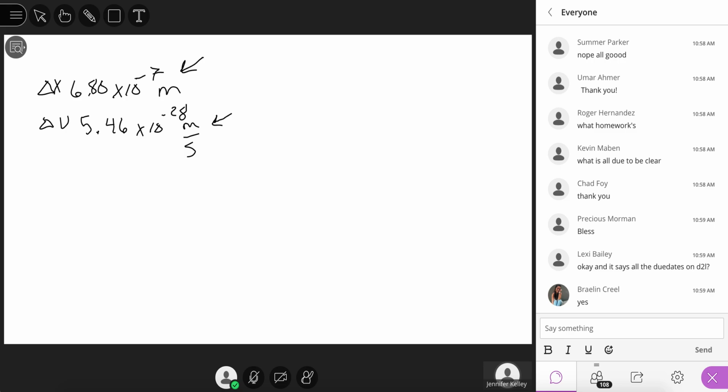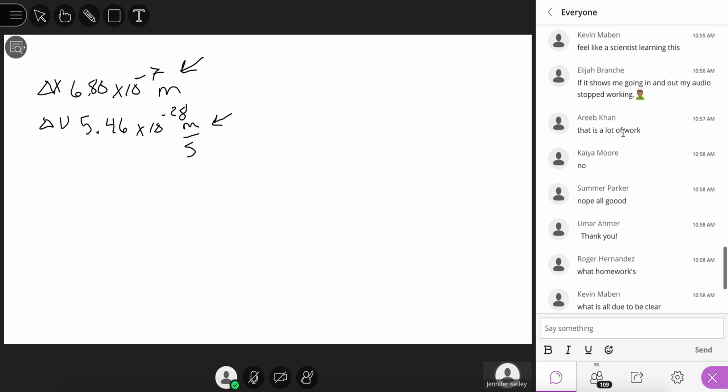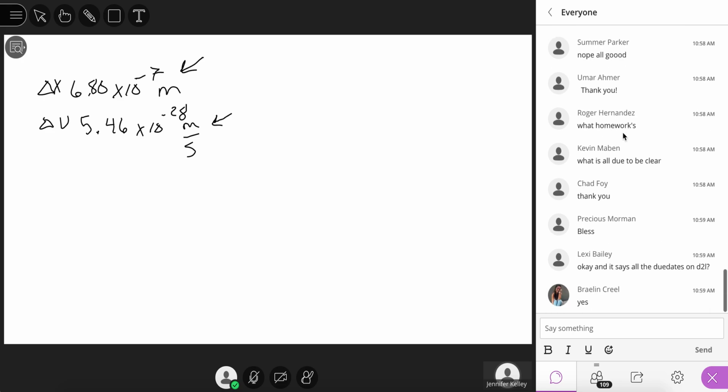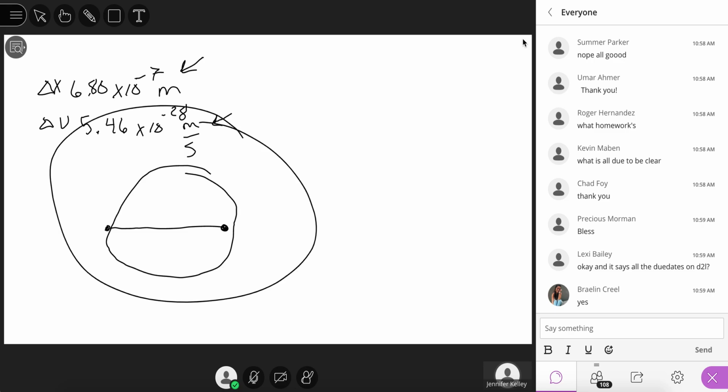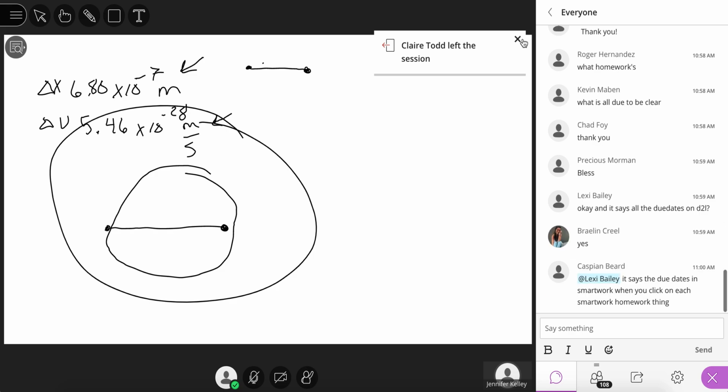But when you look at the electron and you do the same thing, the electron's size is similar to delta x and delta u, and that's why you're going to have more trouble. If you have something that has an uncertainty of here to here, and the size of it is like this, or like this, you pretty well know where it is. But if you have something that has an uncertainty between here and here, and it's tiny, you really don't know where it is. So that's the whole idea there.